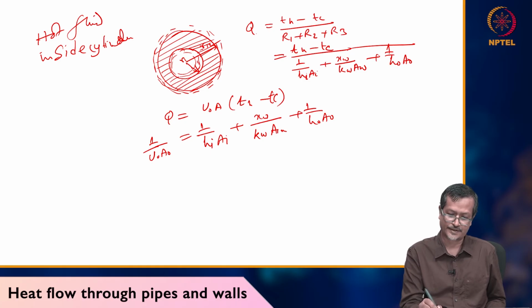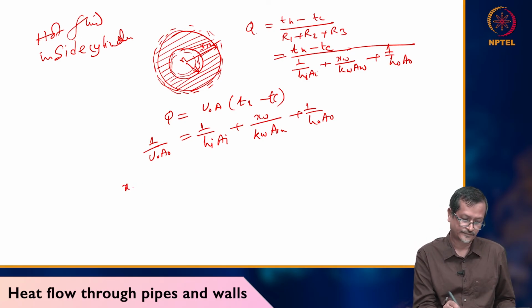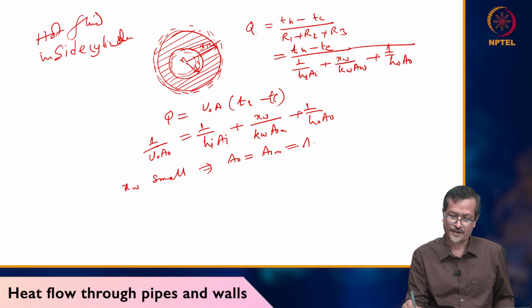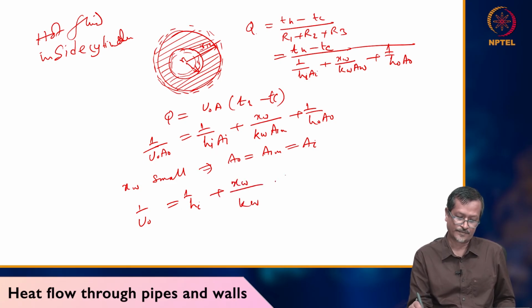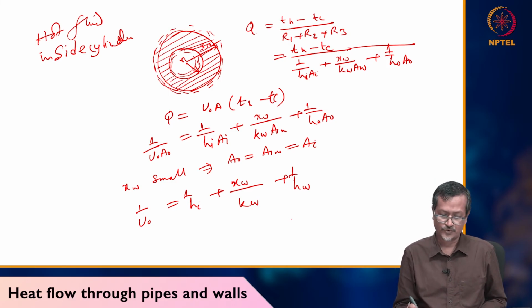So if XW is small, then AO, A1M, AI are all equal. So 1 by UO equals 1 by HI plus XW by KW plus 1 by HO. So this is taken from the PK Nag book. So if anything goes wrong, please go through the book.